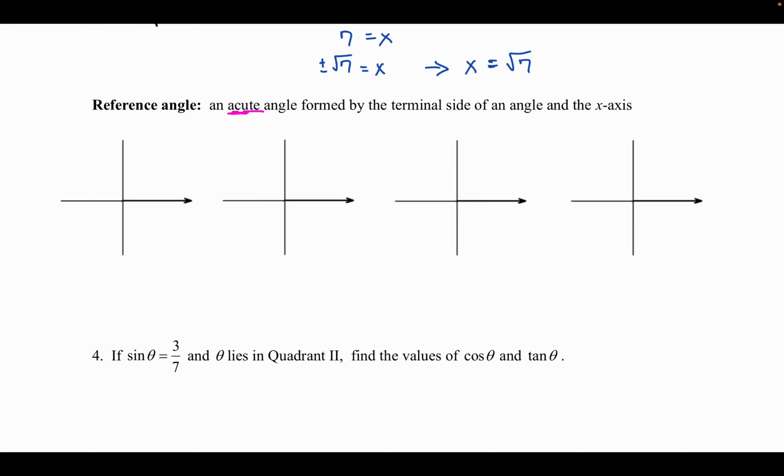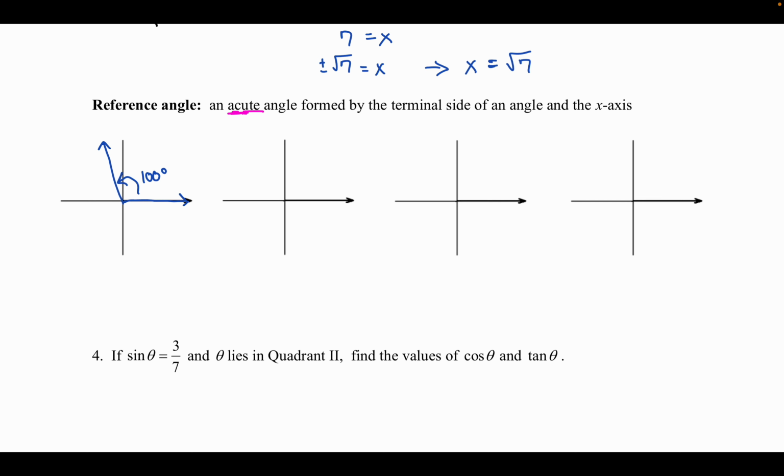For instance, let's say we have an angle of 100 degrees. What that's going to look like is we'd go to 90 and then we'd go 10 more degrees. We're going to say that this is 100 degrees.